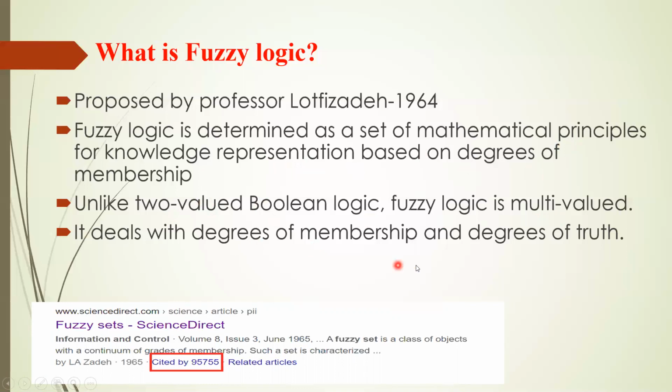It deals with degrees of membership and degrees of truth. This is the paper that was first written by Lotfi Zadeh, Fuzzy Sets, in the Journal of Information and Control. Until today, it was cited 95,755 times.